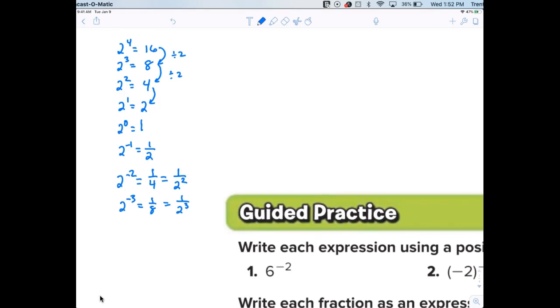If I have a negative exponent, all I do is I move it from the numerator and put it in the what? Denominator, and then change the sign to what? Positive. So if I say 2 to the negative 2, Sean, that's the same as 1 over 2 squared. 2 to the negative 3 is the same as 1 over 2 cubed.